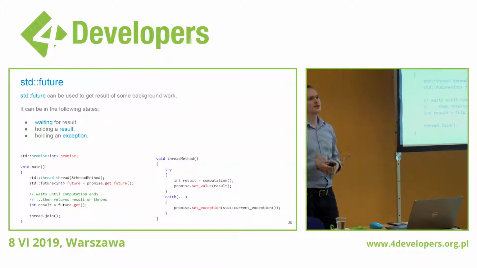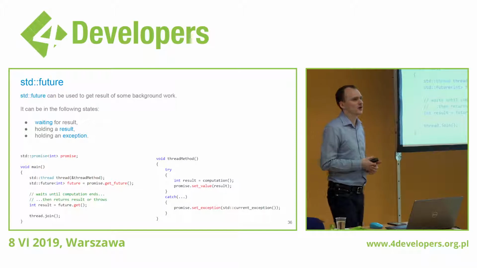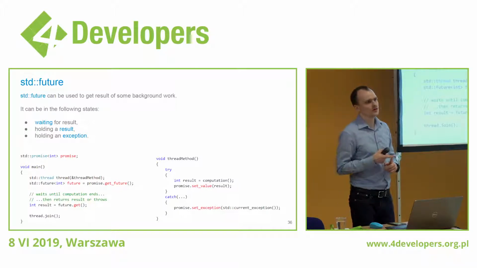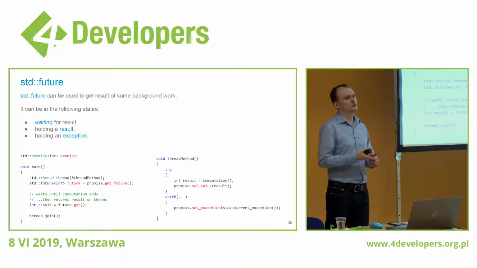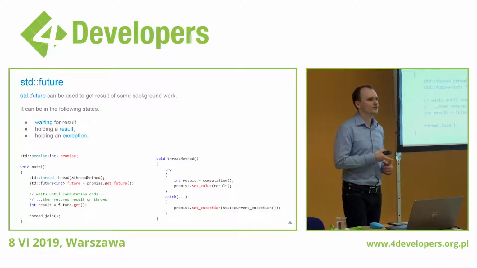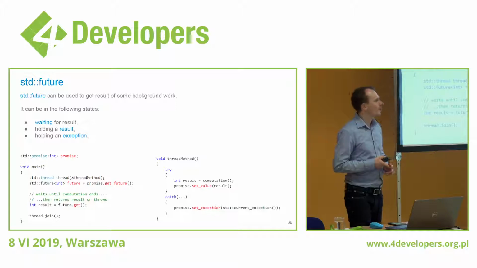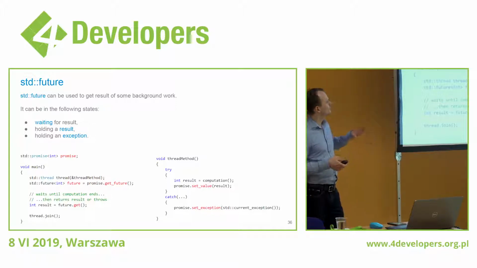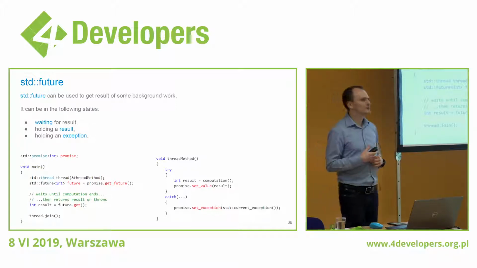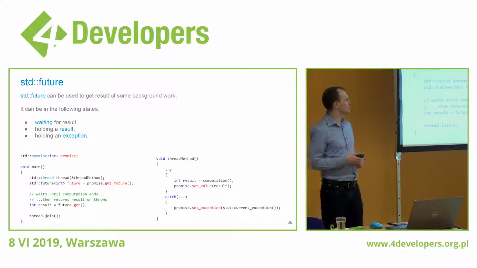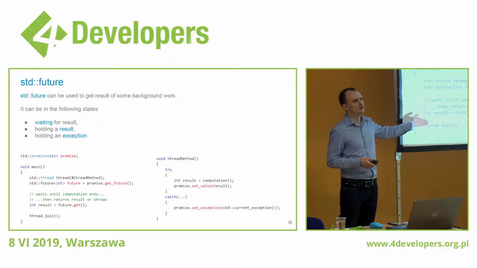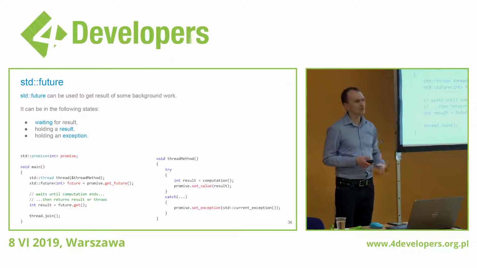So a future is just an object that can store either a value or an exception that prevented this value from being computed. So either a value or an exception. And future has many features, but the point is that we can wait on the future for the value of the background computation.